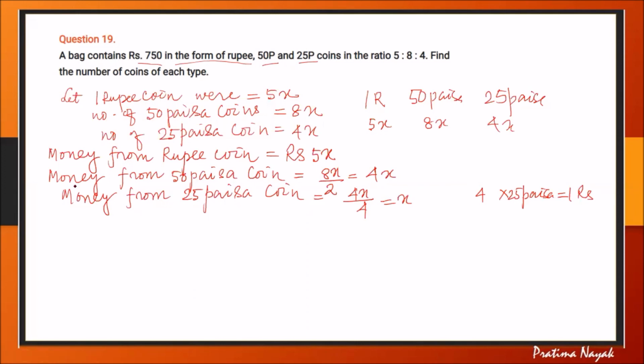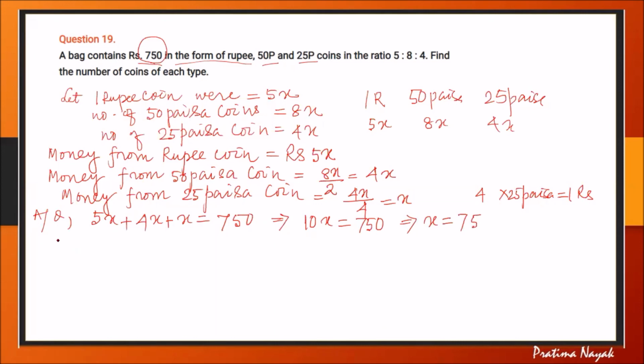Now the total amount of money is 750. So according to the question, 5x plus 4x plus x makes 750 rupees. Or on simplification, this gives 10 times x is equal to 750, or x is equal to 75.